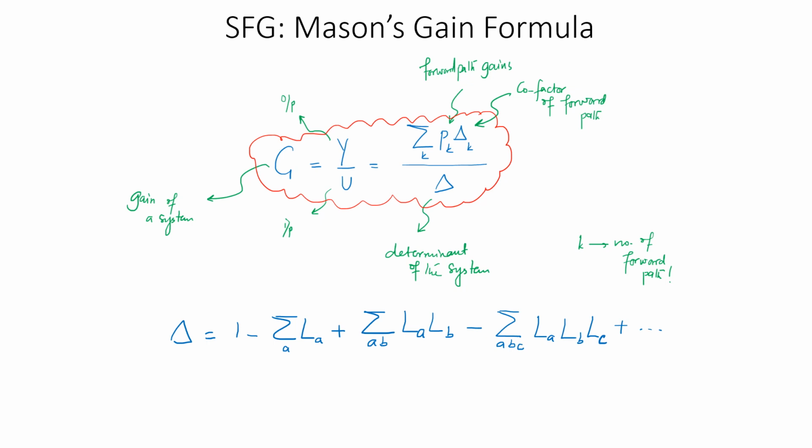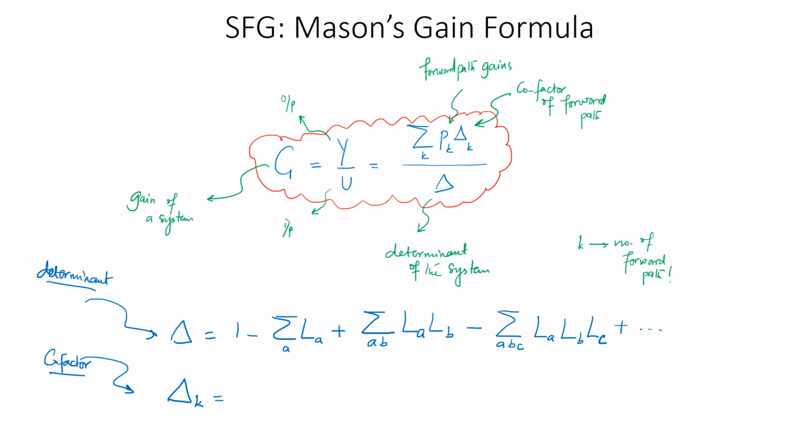Now moving on, once that determinant is available with you, you can think about what the delta K's are, which are called cofactors. So this delta was the determinant, and delta K's are the cofactors.